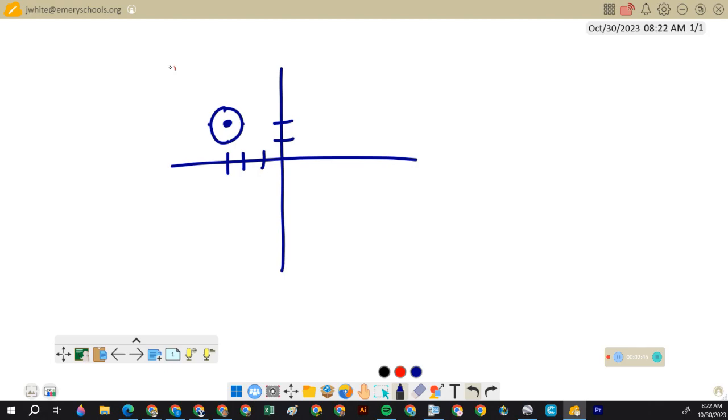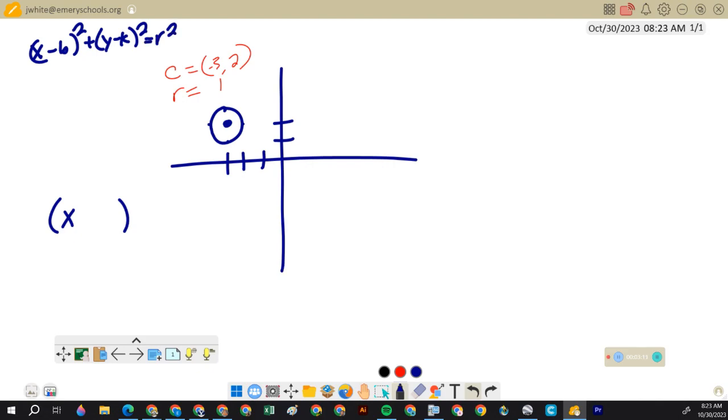So here, the center is -3, 2, and the radius is 1. What would the equation be? X. So the equation says x minus h squared plus y minus k squared equals r squared. X plus 3. Does everybody understand why? We have two negatives.